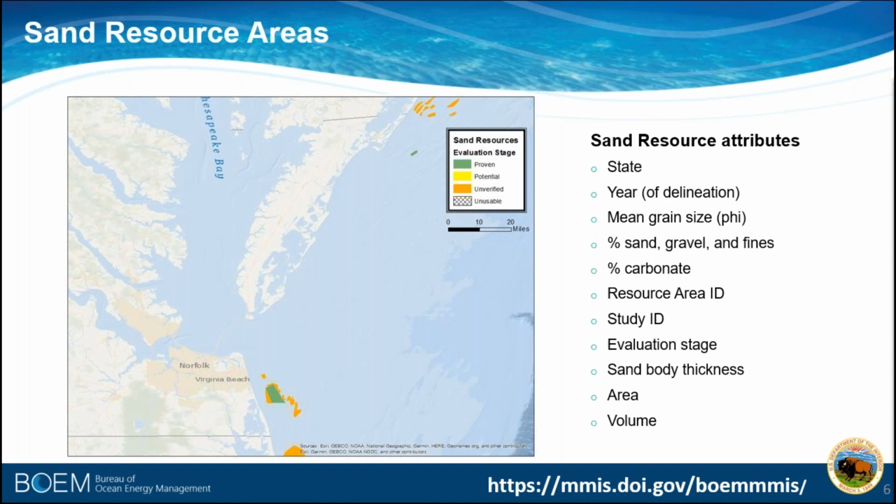It has to be a certain grain size. It has to be a certain percentage of sand, might have a certain percentage of carbonate in there. A lot of states have requirements in terms of what they will allow on their beaches. So being able to look at these resource areas and definitively know what's in that area is very important for us as well as for our stakeholders.